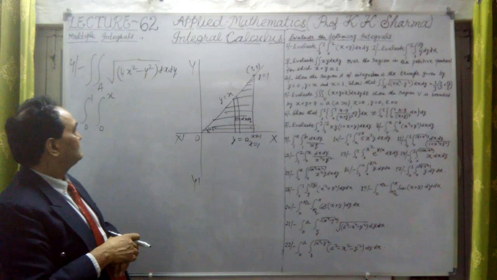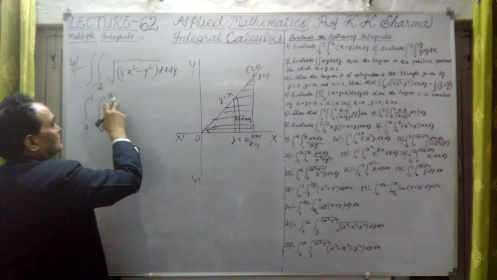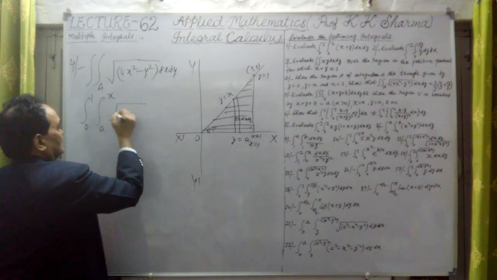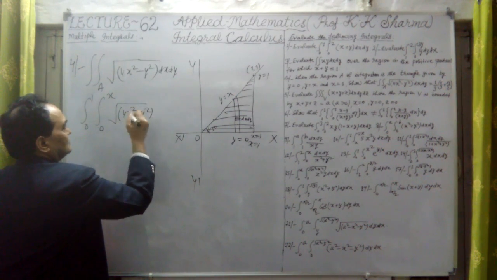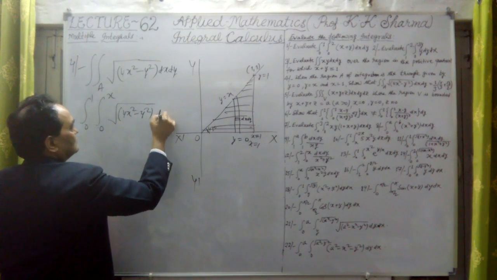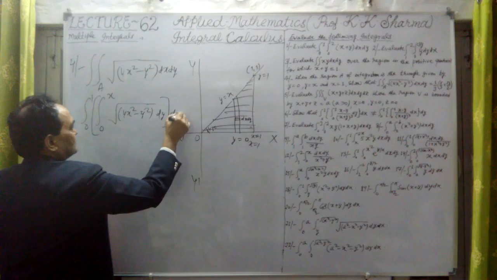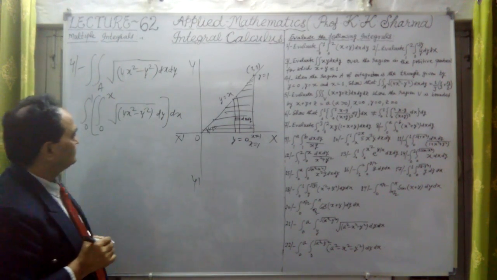So first we integrate with respect to y, then we substitute in place of y in terms of x. The integrand is the square root of 4x square minus y square. First we integrate with respect to y, from 0 to x, then finally with respect to x from 0 to 1.